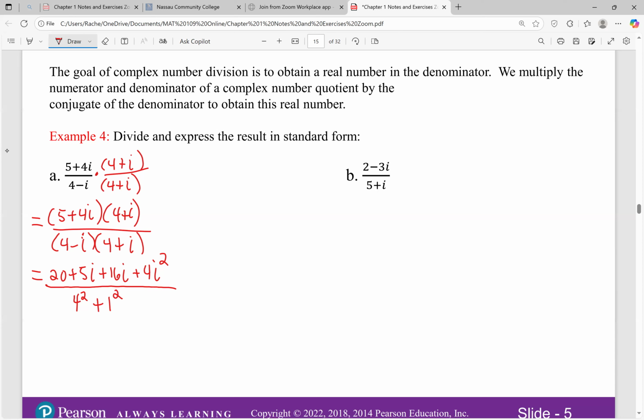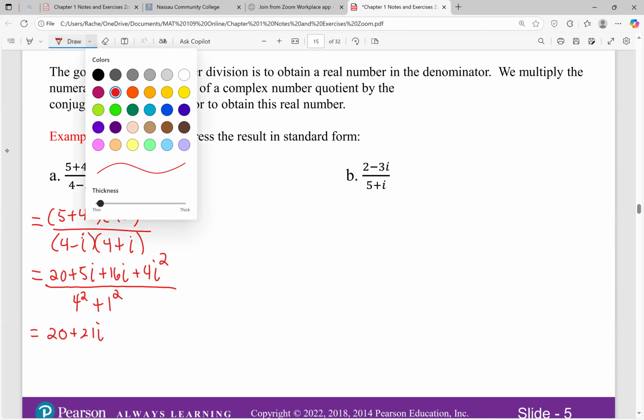So let's simplify this. In the numerator, I'm going to have 20 plus 21i, right? 5i plus 16i. And then plus 4i squared, but remember, i squared is equal to negative 1.